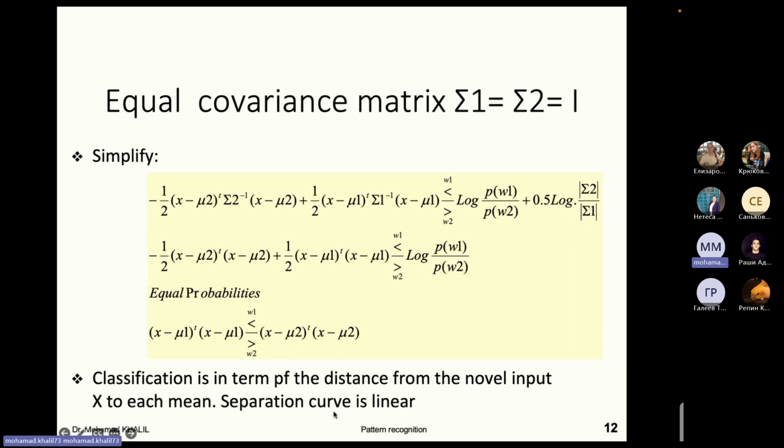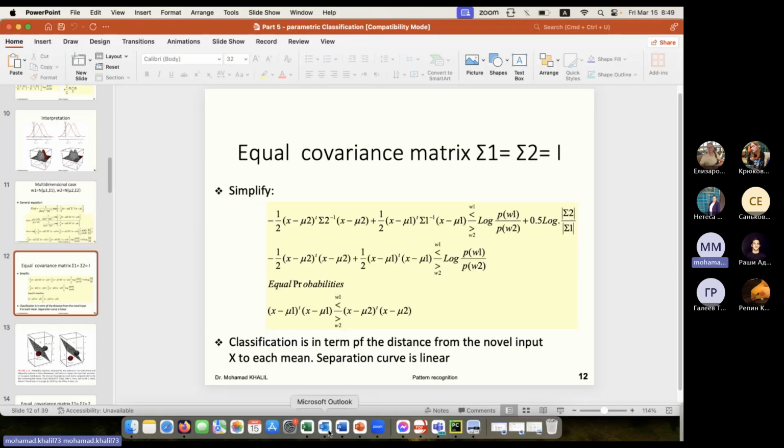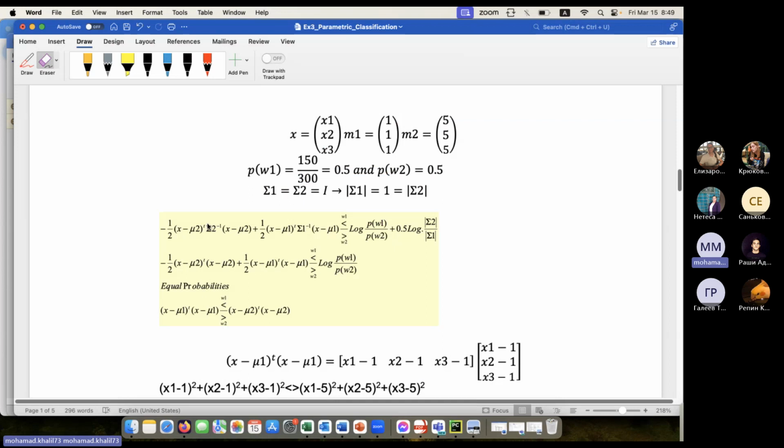Let's go to the course. Look, he takes this. He says that sigma 1 equals sigma 2 equals I. So the determinant of sigma 1 is 1, and sigma 2 is 1.